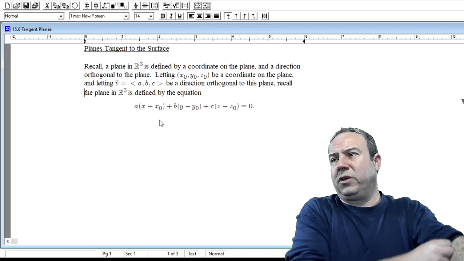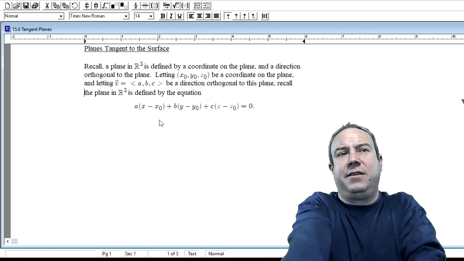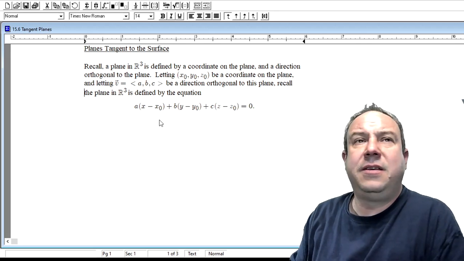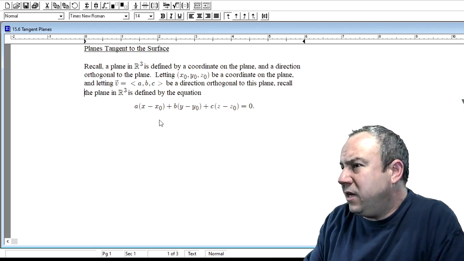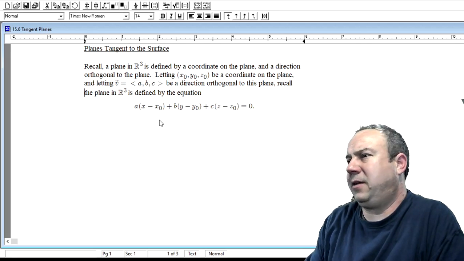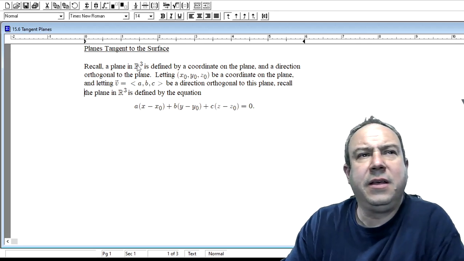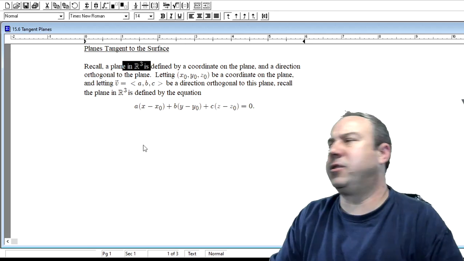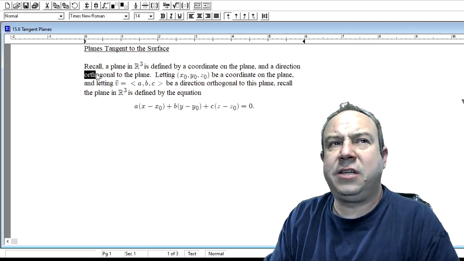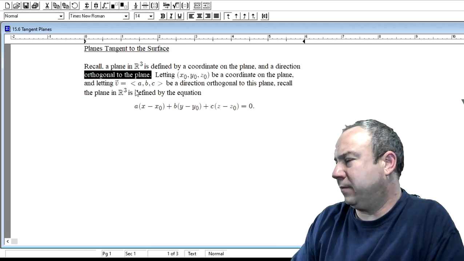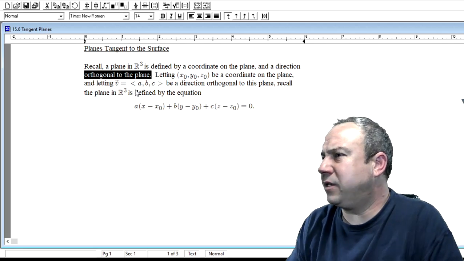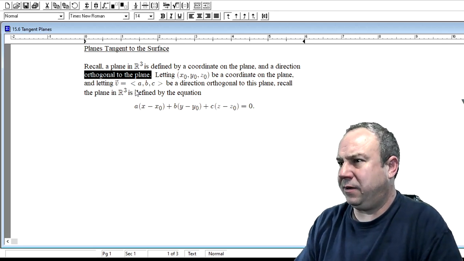So to begin with, let's just recall that a plane in three-dimensional space is defined by a coordinate on that plane and a direction orthogonal to that plane. To define any plane in three-dimensional space, remember, you're going to need a coordinate on that plane, and you're going to need a direction orthogonal to that plane. With those two pieces of information, you can define a plane.